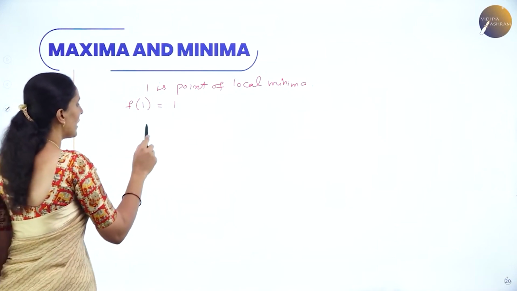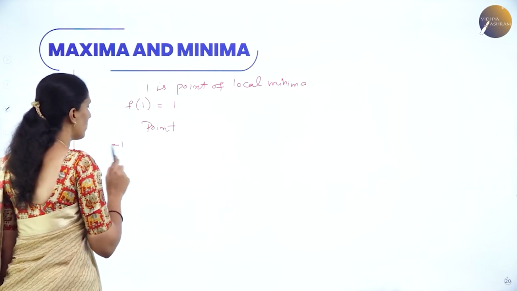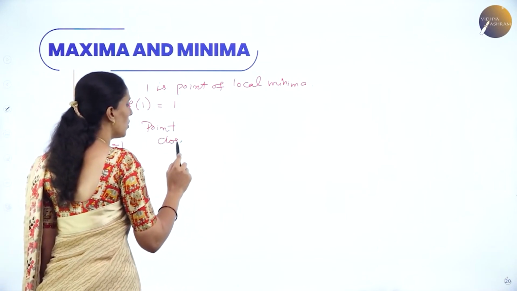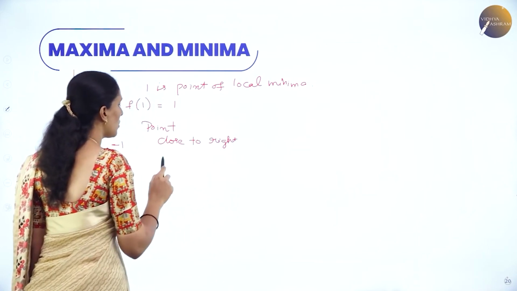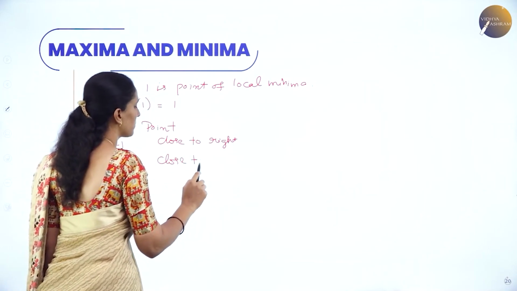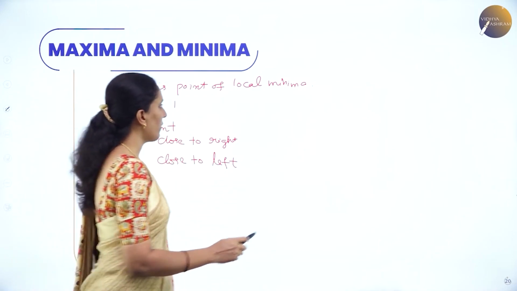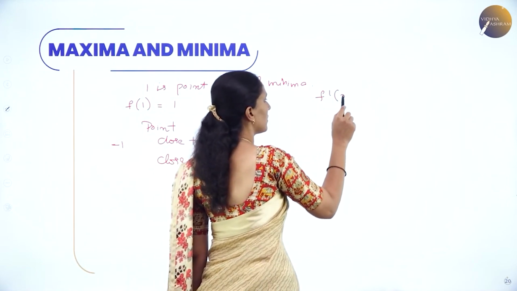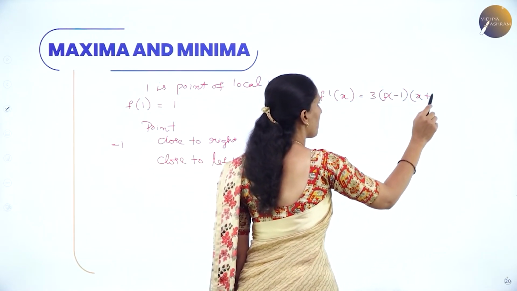Now let's study the point minus 1. What happens when it is close to the right and close to the left? f dash of x is 3 into x minus 1 into x plus 1.